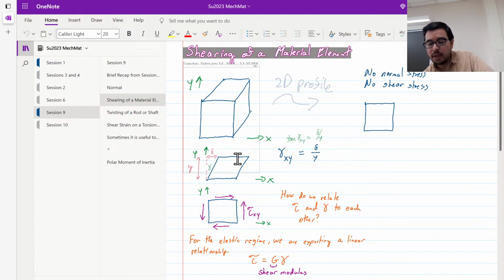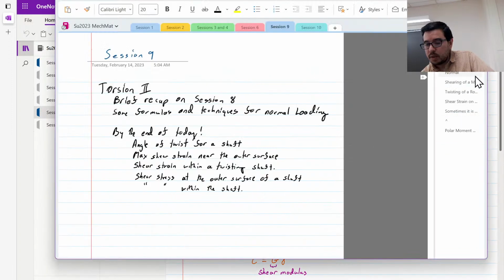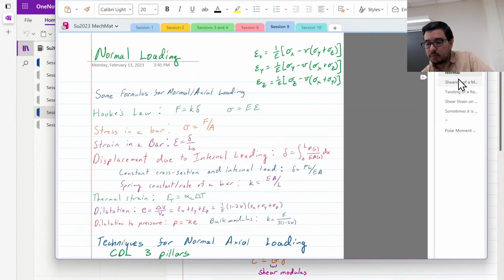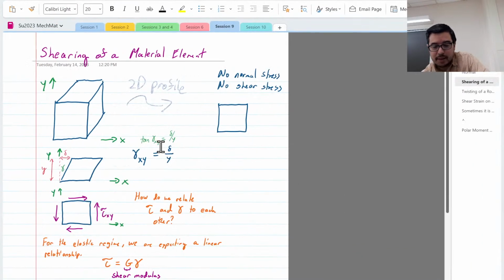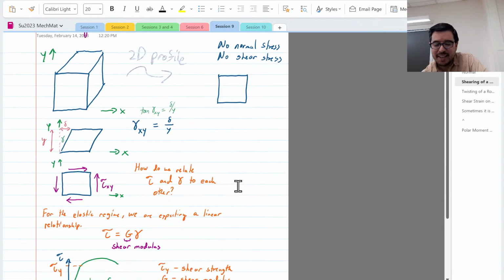So the top face of this 2D element is undergoing a shift by delta, and this angle, using a small angle approximation, can be given by gamma xy equals delta over y. Okay, so maybe I'll use this one since it's a little less boxy.